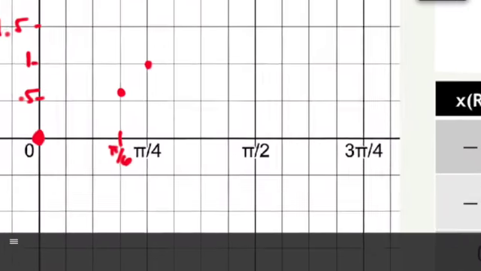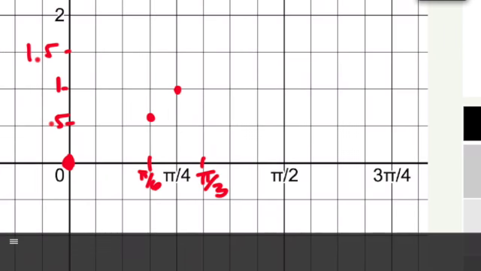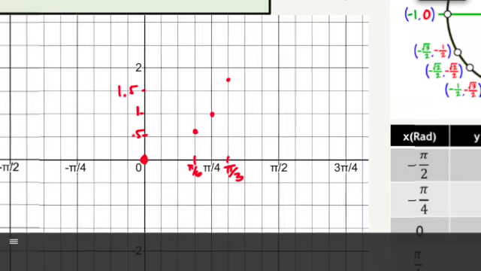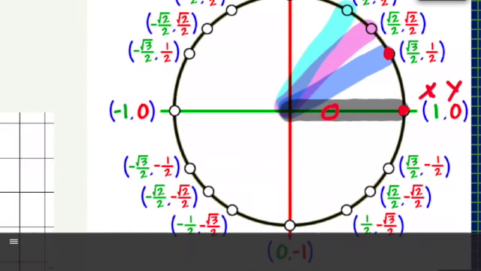So pi over 3 is going to be right around here, and it's 1.73. So here's 1.5, and a little bit more than 1.5, like halfway between 1.5 and 2. So there's 1.73. Okay, let's go to our next one. Our next angle is going to be at pi over 2.